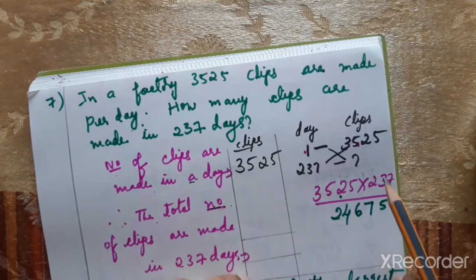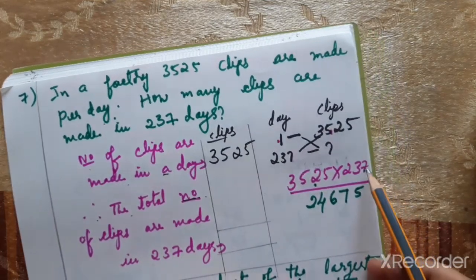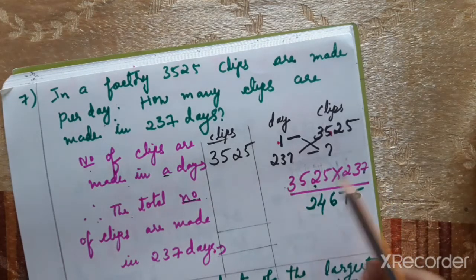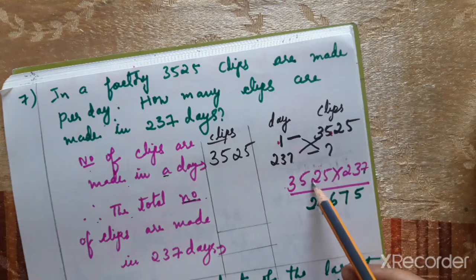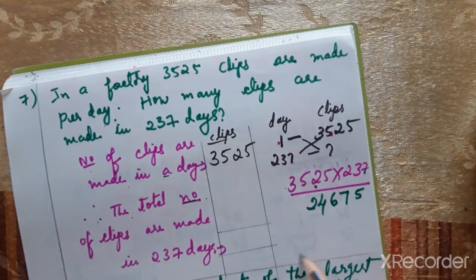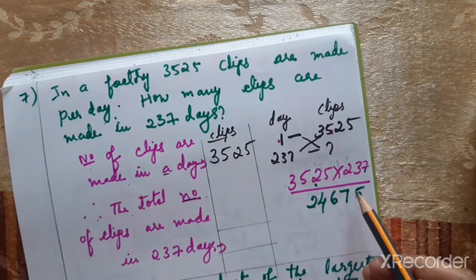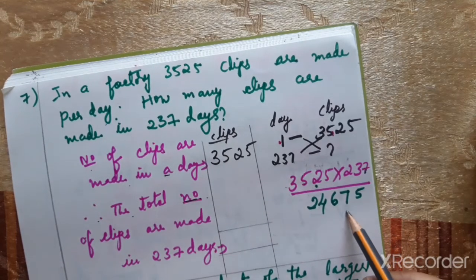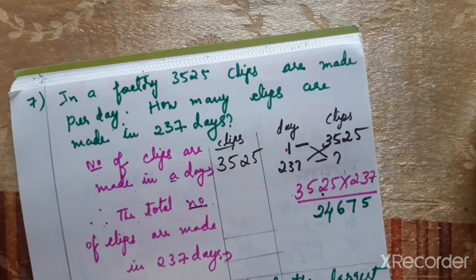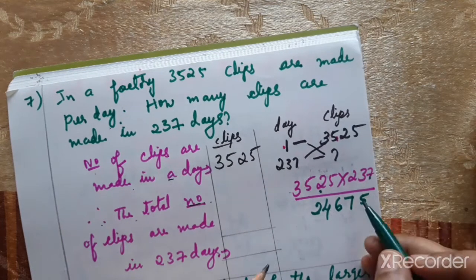Okay, with the 7 we have multiplied this number, the right side number, with each number. Second number with each number in the second line, and third number with each number in the third line. When you are writing the second row, leave one space and continue. Again, when you write the next row, leave one space and continue. Now the first line is over.